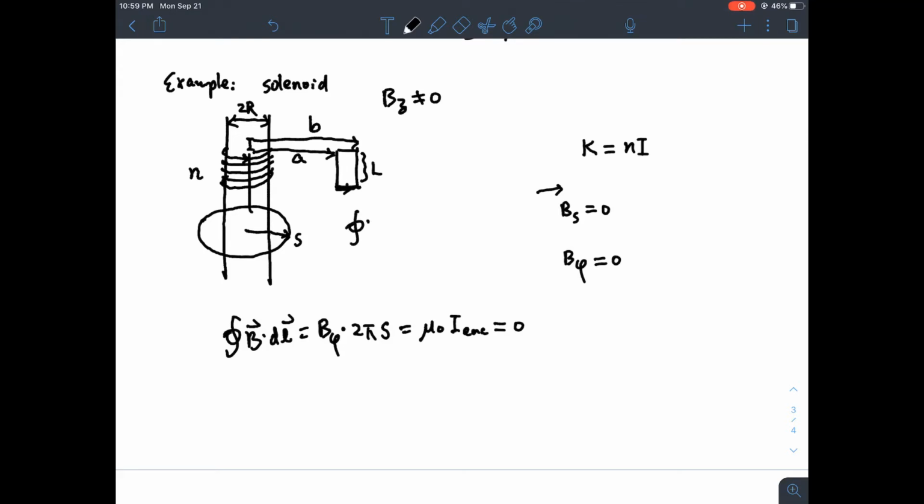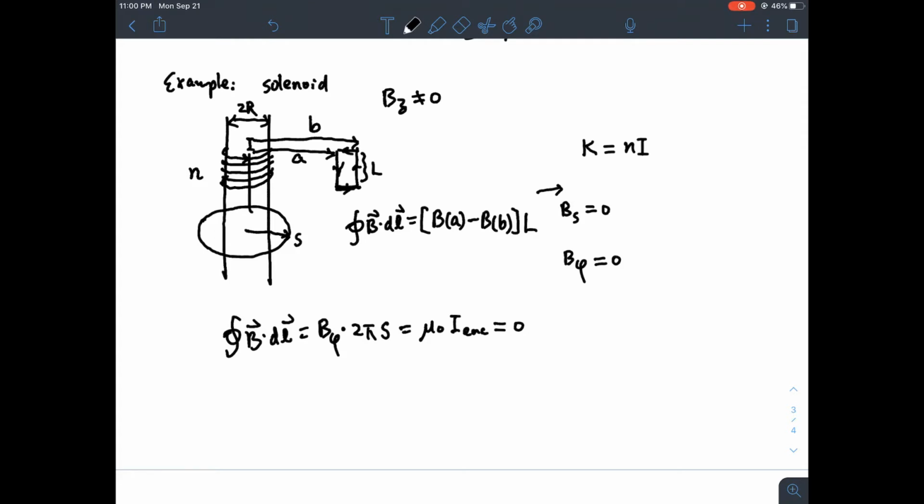Now if we do this B dot dl, what we really have is the value calculated at a, minus the value calculated at b, times L. We can just consider this loop and this direction to do the integral.